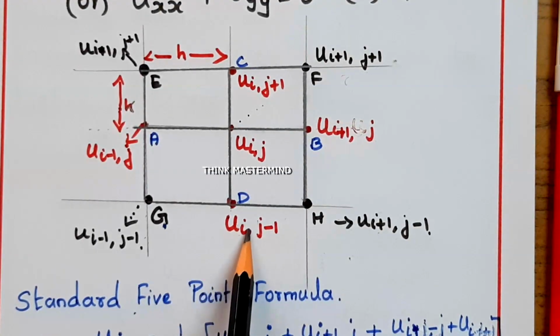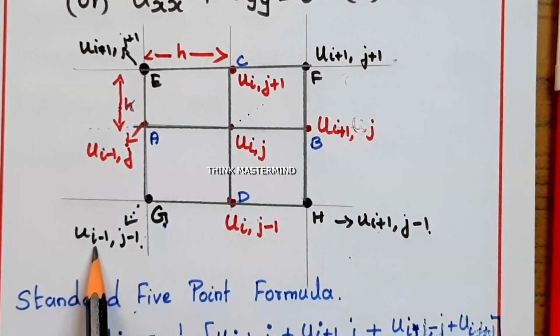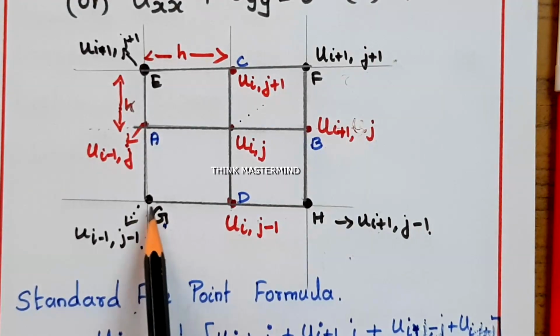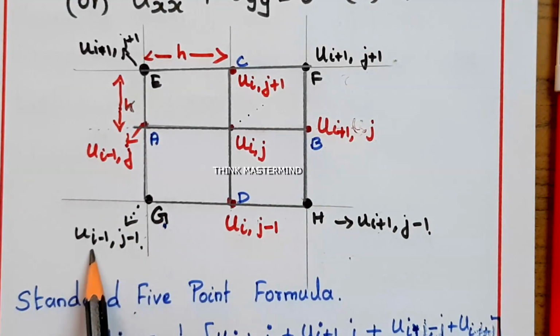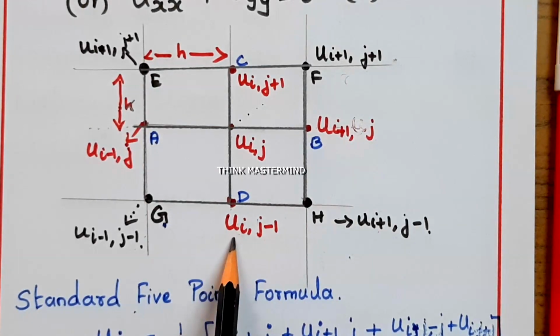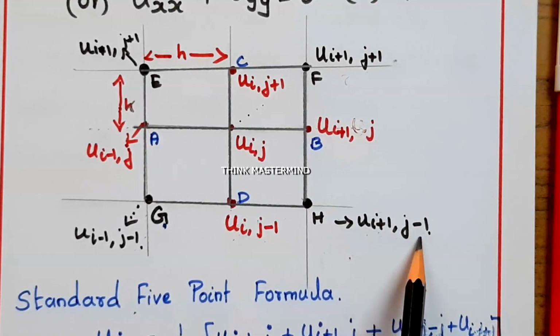Similarly, x is i, decreasing one value from i, that is i minus 1. So the point u is represented according to x and y. So it is u(i minus 1, j minus 1), u(i, j minus 1), u(i plus 1, j minus 1).